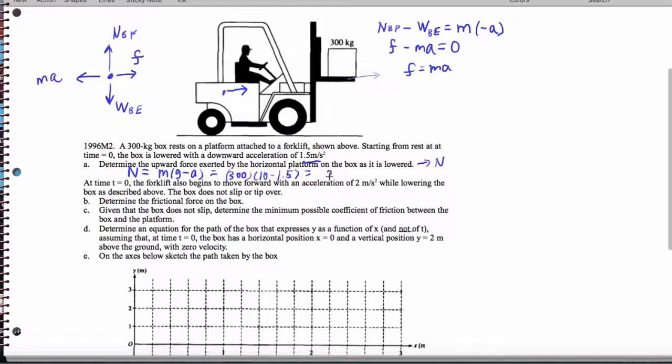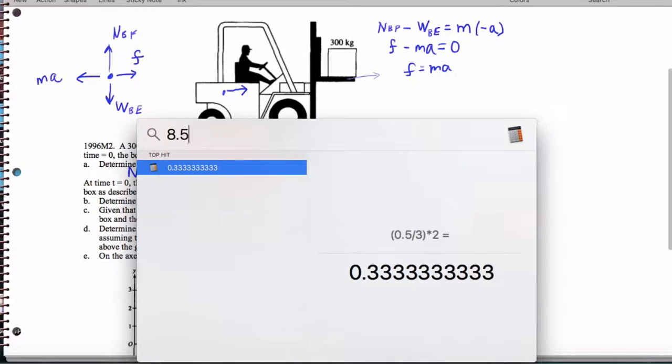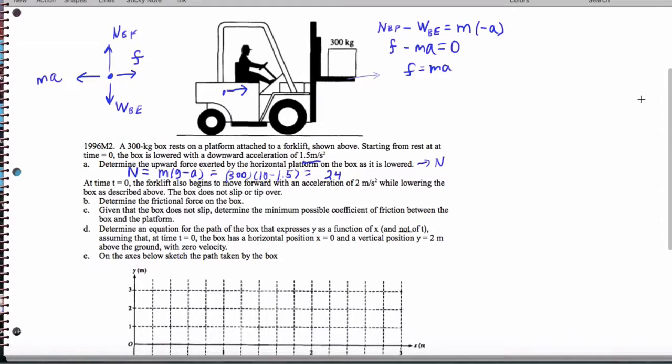I'm getting 24, no, is it 20? Let's just try this out. 8.5 times 300 gives me 2,550 newtons. Now the frictional force on the box is going to equal 300 times the horizontal acceleration, which is 2. And so I'm getting 600 newtons there.